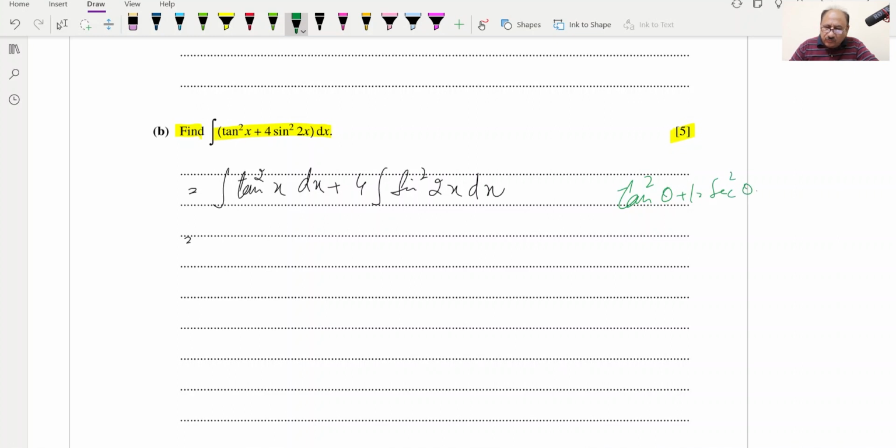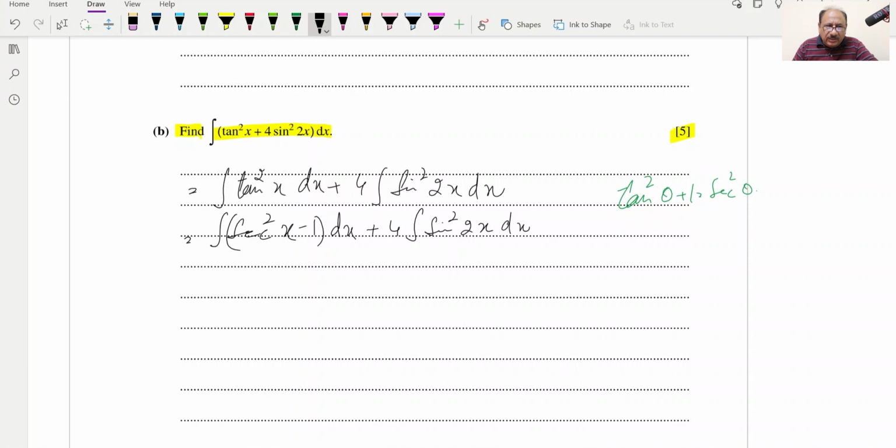So this implies tan square theta will be equal to secant square theta minus 1. So we can write here integral of secant square x minus 1 dx, plus 4 integral sine square 2x dx.